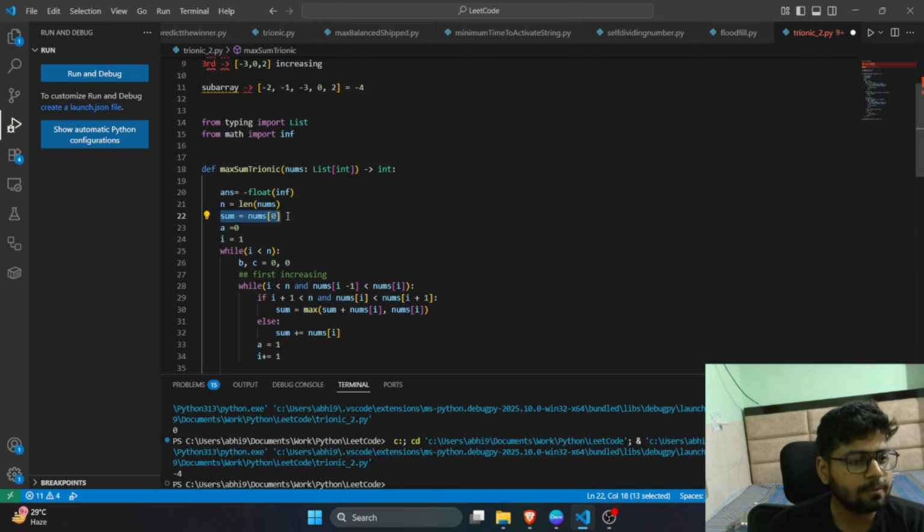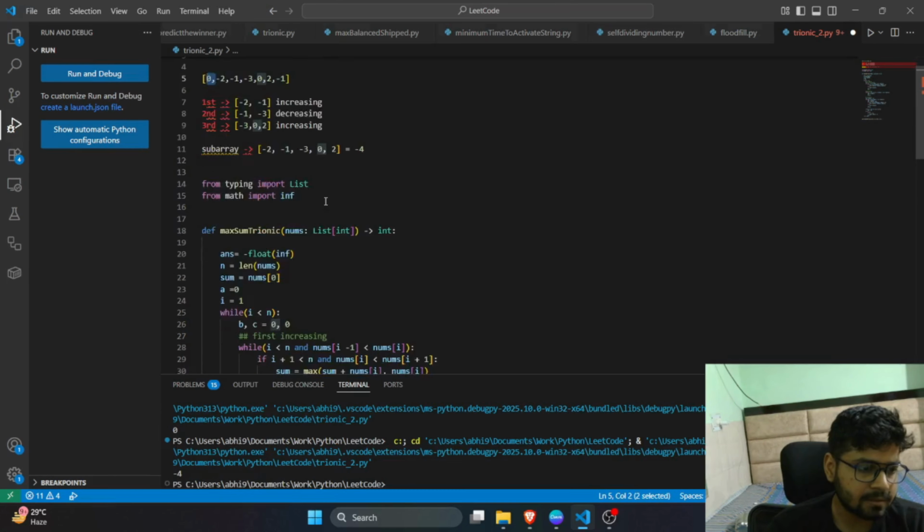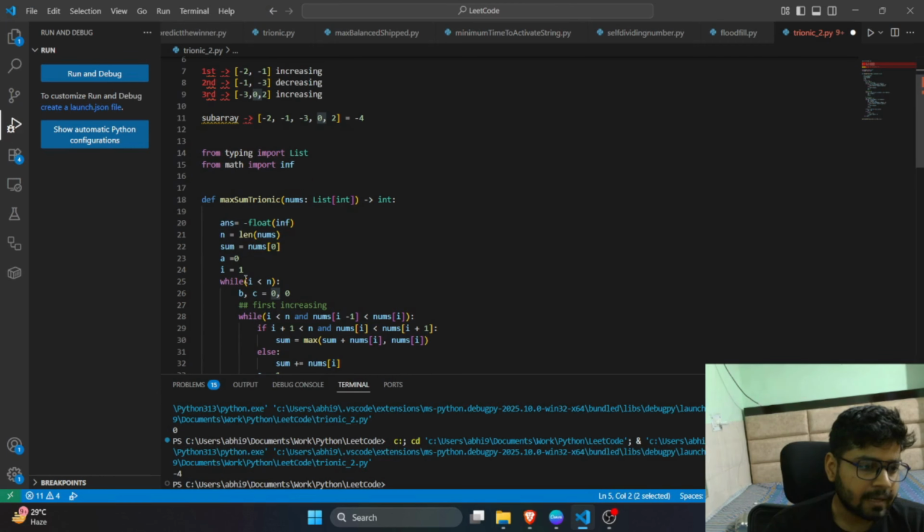Sum is for the first subarray from which we have to calculate, starting at 0, and a will be 0. A represents the first increasing order, b represents the second, decreasing, and c represents the third increasing order.